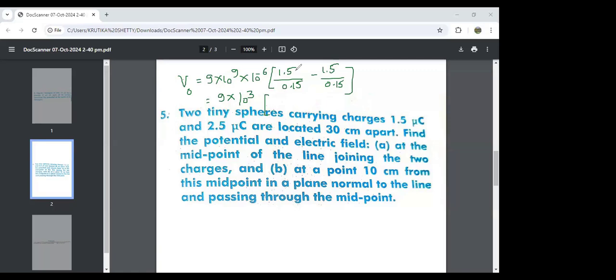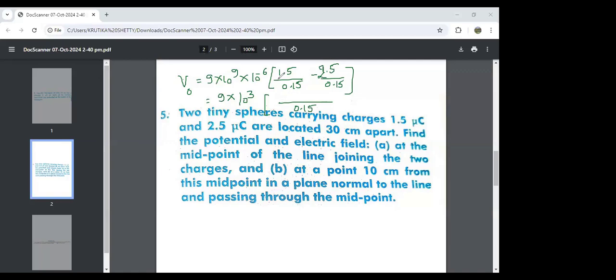So I am telling you all the methods. So the LCM will be same. So if the LCM is same, you can also write it as 0.15. Here it is. Sorry, this charge is 2.5, right? So one charge is 2.5.